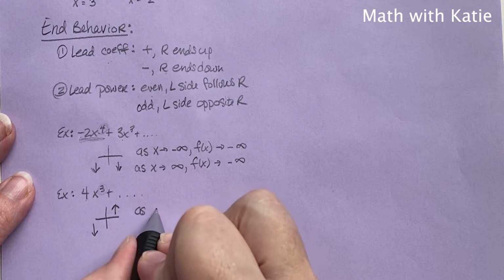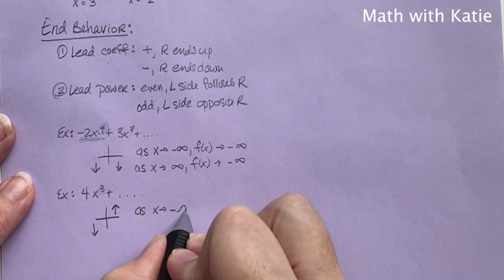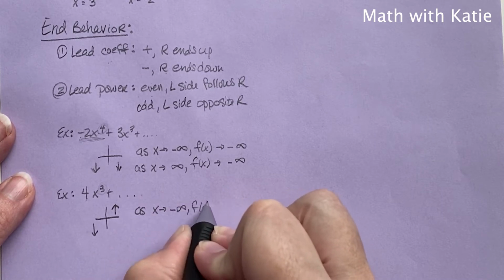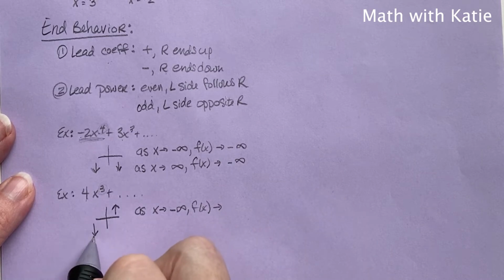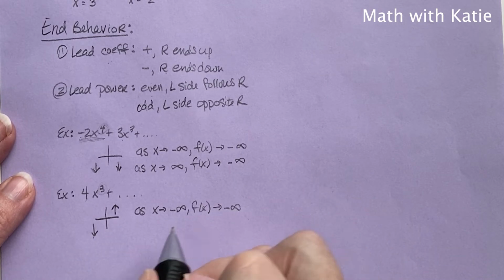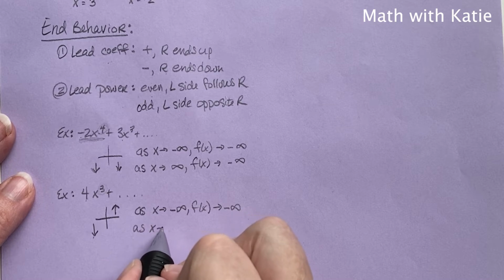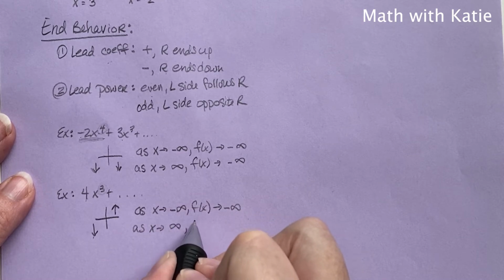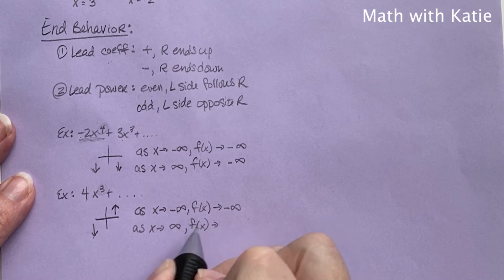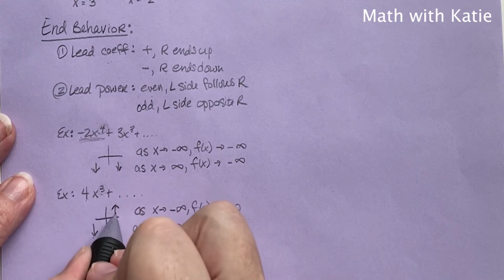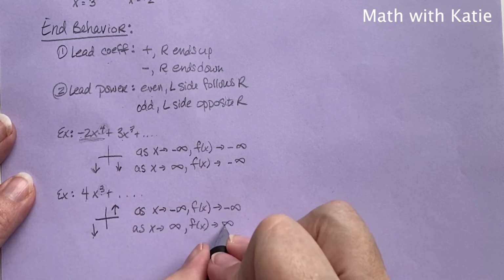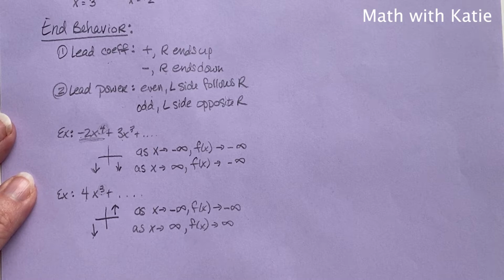So as x goes to negative infinity, f of x goes down, so negative infinity. As x goes to positive infinity, f of x goes up, so it goes to positive infinity. That's all for end behavior.